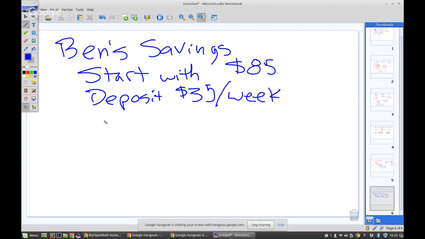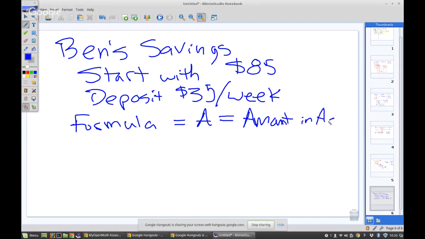We're going to try and write a formula for what we're going to call A, the amount of money in his account. One thing he has is a fixed amount. The other thing he has is a variable amount of money going in. So A is going to be one variable, the amount in the account, and X is going to be the number of weeks.